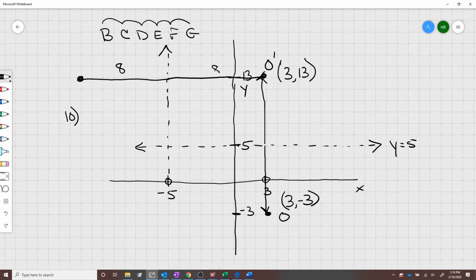So from -5 to the left, 8 more units, we're going to be at -13. So our O double prime, our x value is now -13, and our y value is +13. So that's your location after 2 reflections.